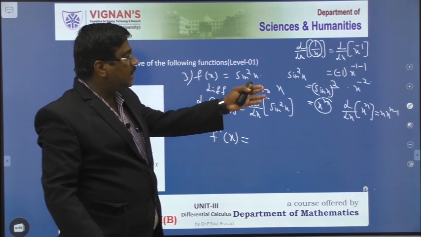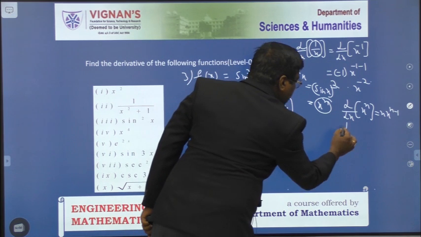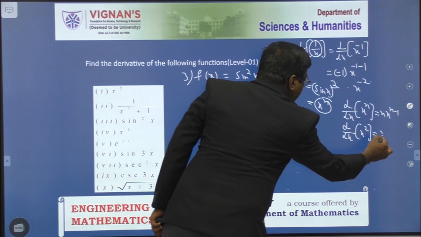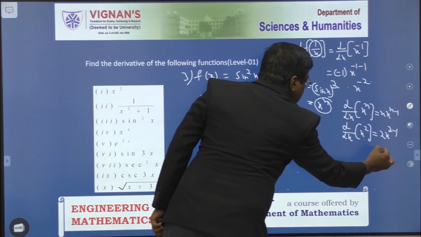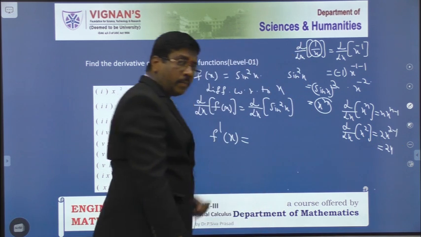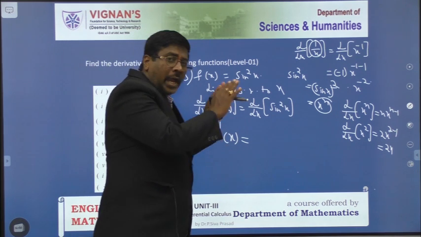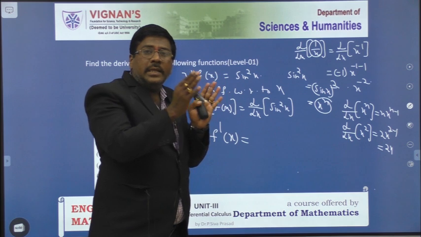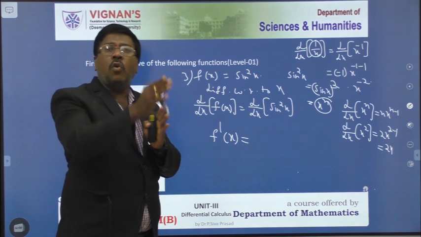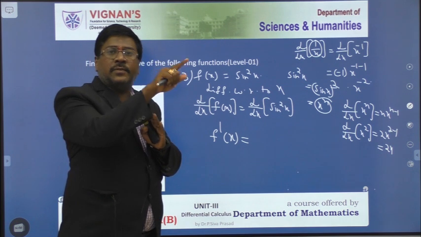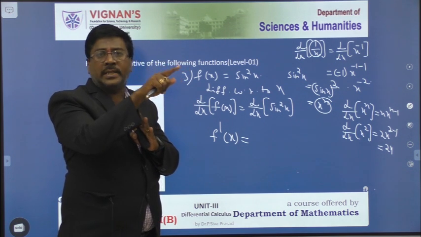What is the derivative of x square? d by dx of x square is equal to 2 into x to the power of 2 minus 1, that is equal to 2x. Now sine square x, I have to assume as sine x whole square. Then that is in the form of x square, and the derivative of x square is 2x.